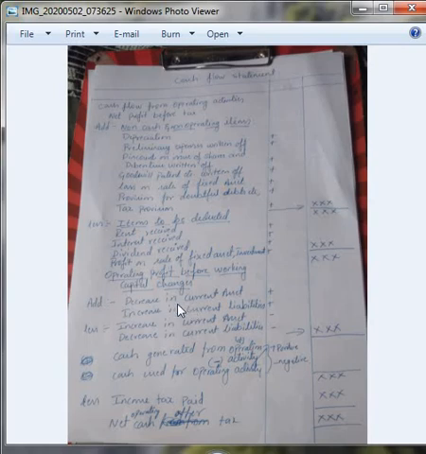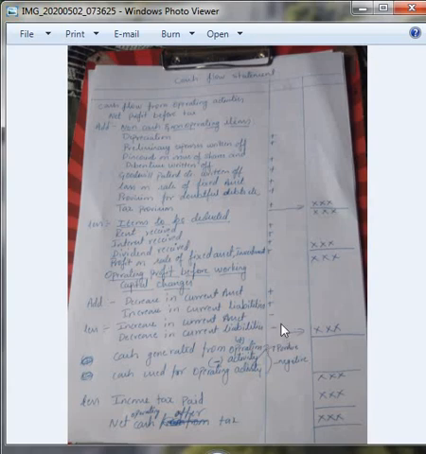So decrease in current asset means cash is coming in. Increase in current liability means cash is coming in. Increase in current asset means cash is going out, minus. Decrease in current liability means minus, because cash is going out.